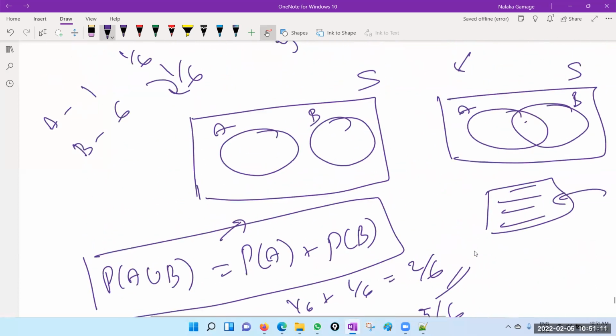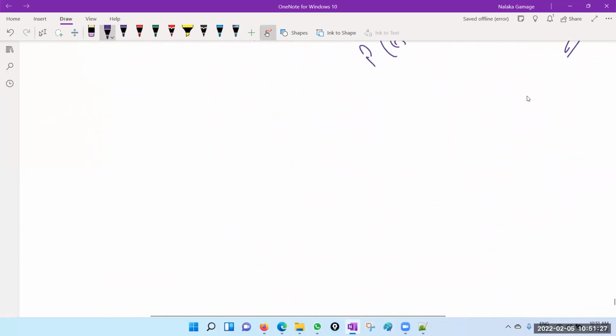If they are not mutually exclusive, that means there are some outcomes that satisfy both or more of the given events. So then we say they are not mutually exclusive. In that case also, if you want to find P(A) plus P(B), there's a formula which we can prove.